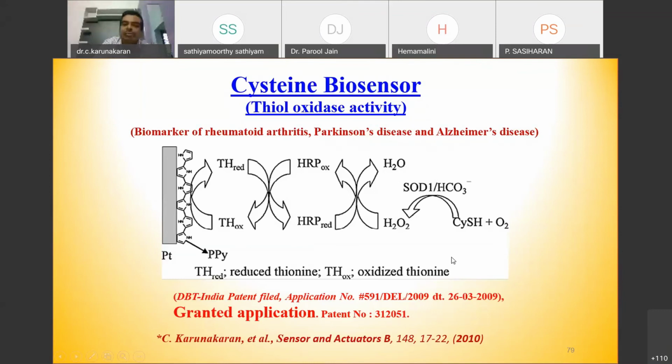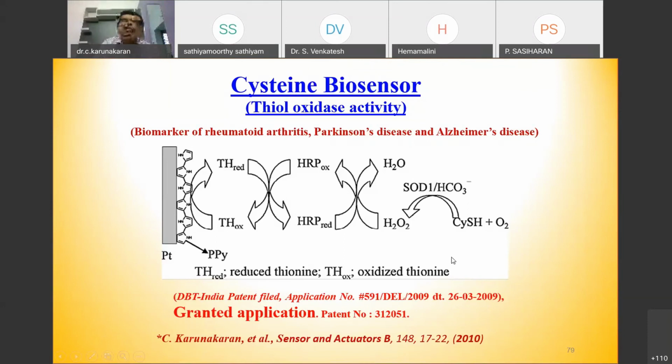NI LabVIEW is nothing but a graphical programming language. The commercial instrument costs 4 lakhs, whereas here it is only 20,000.